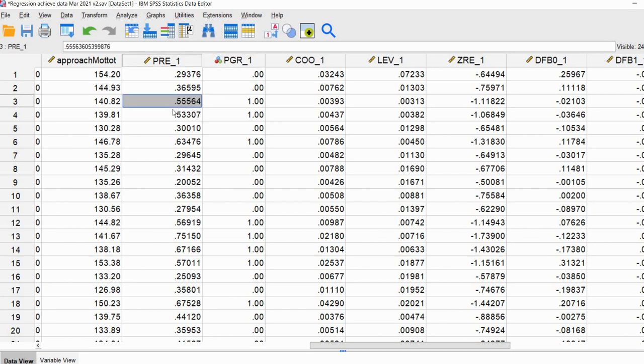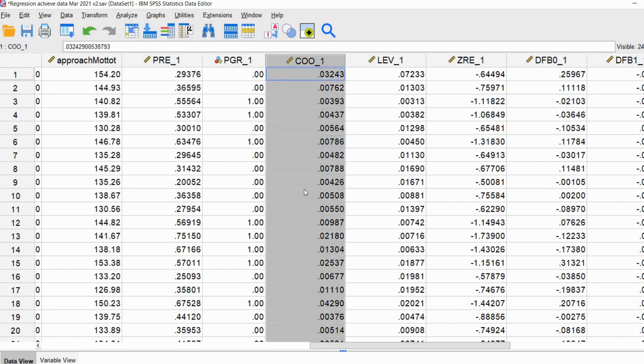Those individuals who have a predicted probability that's greater than 0.5 are going to be predicted to fall into the pass the test group right here. So you can see these two individuals with predicted probabilities of 0.55564 and 0.53307, both of those students were predicted to pass, whereas these two students were not predicted to pass based on the model.